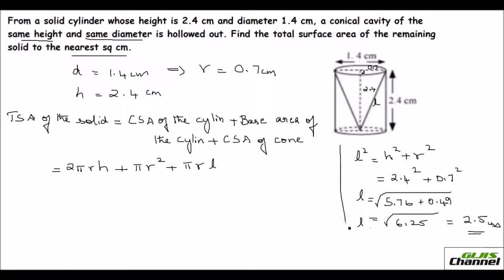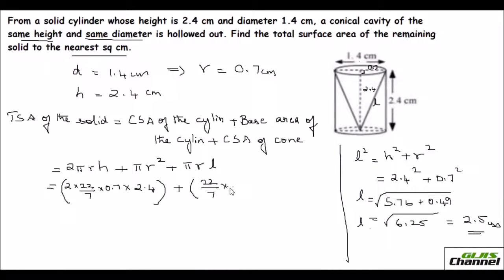Use this. Now I am going to put the values here. So it is 2 times 22 over 7 times R is 0.7, right? 0.7 times height is 2.4. This is for the cylinder, right? Curved surface area of the cylinder. Then you will have to add the base area of the cylinder. So that's 22 over 7 times pi.